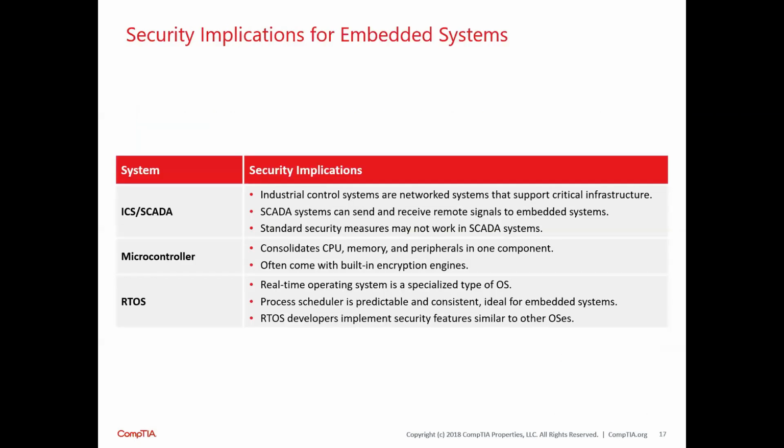There are some implications in terms of security for embedded systems, including ICS. ICS stands for Industrial Control System, also known as SCADA. For example, the PLC controller is an example of ICS or SCADA.